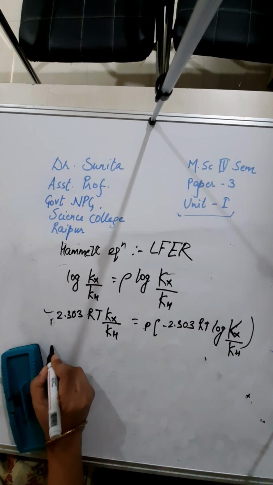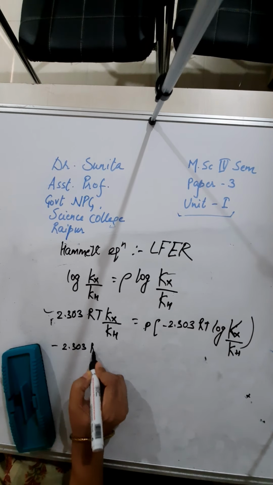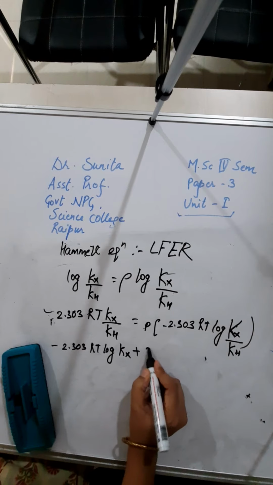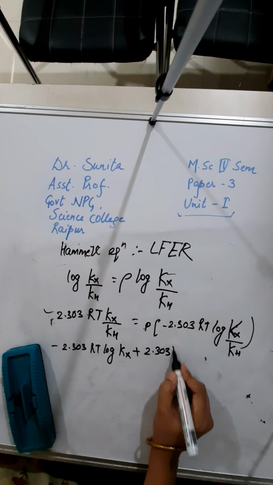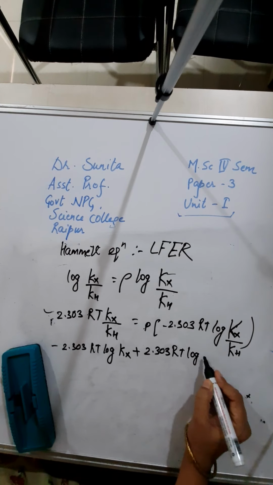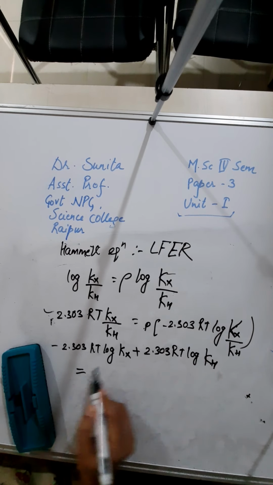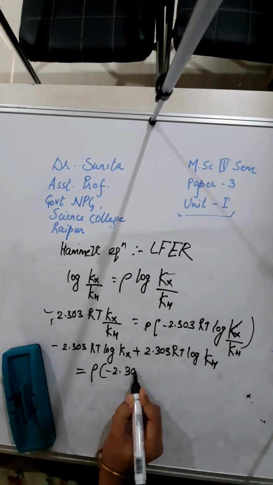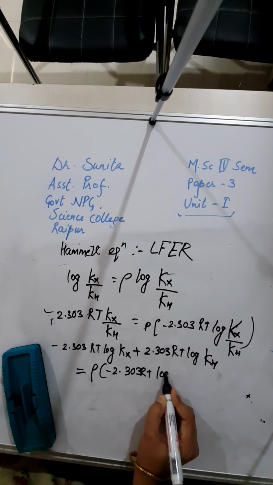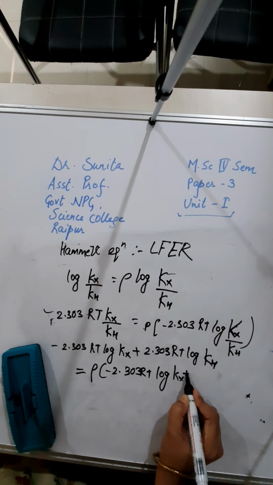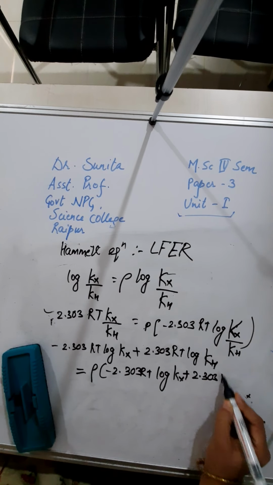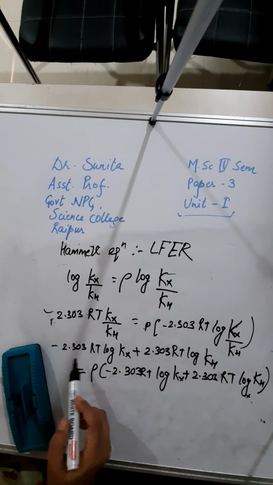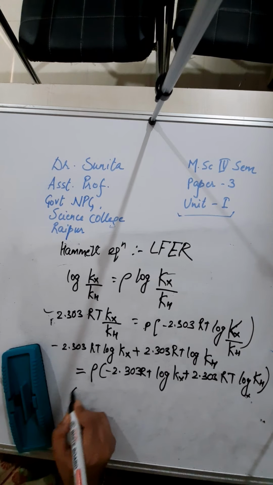Opening this equation, on the right hand side we have rho times minus 2.303 RT log Kx plus 2.303 RT log KH. Now this equation is equivalent to delta G.